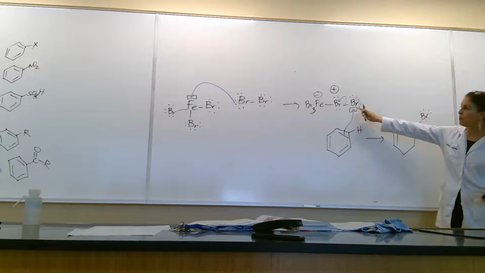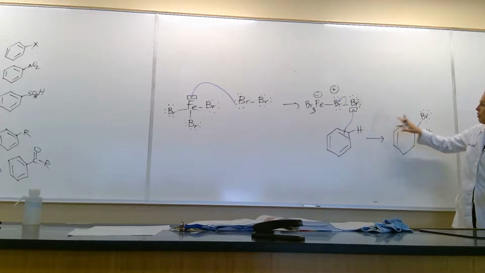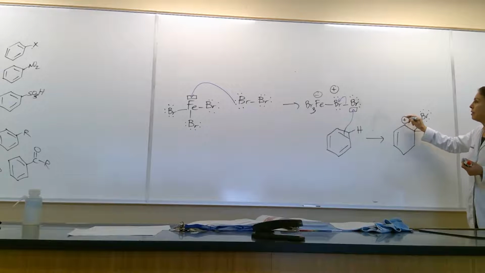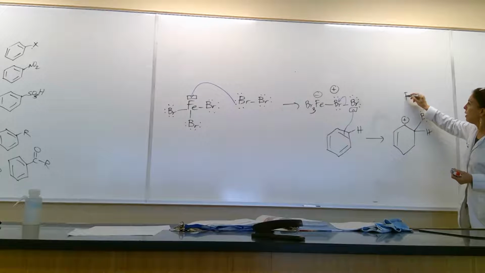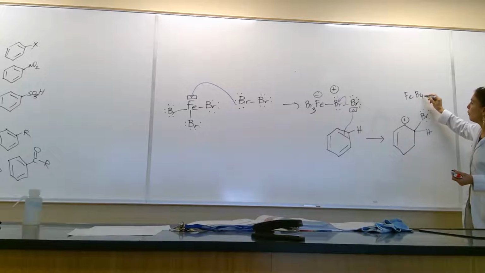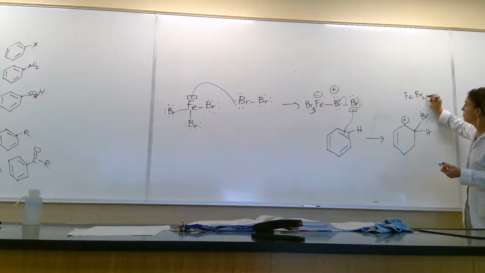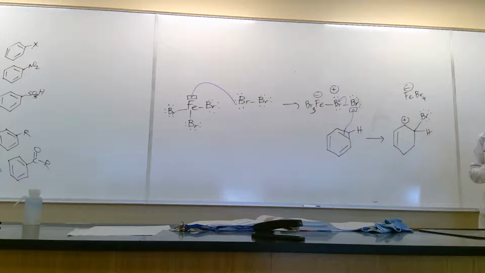Now you see the bromine let go of that, so now it has 3 pairs, which is fine. And then this is positive. And then what we have is FeBr4 minus. If you don't keep track of your charges, you're not understanding what's going on.